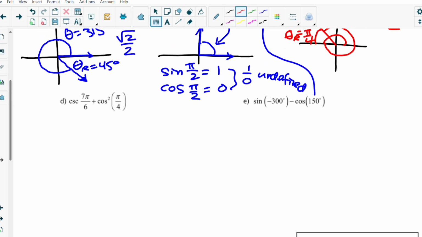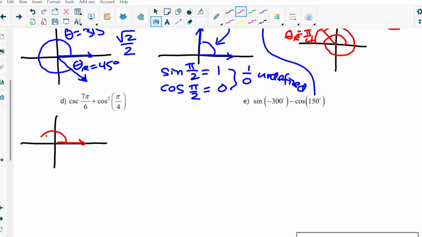Next one, cosecant of 7 pi over 6 plus cosine squared of pi over 4. Okay. First, let's think of it this way. I'm going to sketch out 2 different graphs here. Cosecant of 7 pi over 6. First, let's do 7 pi over 6. So I start with my initial arm.